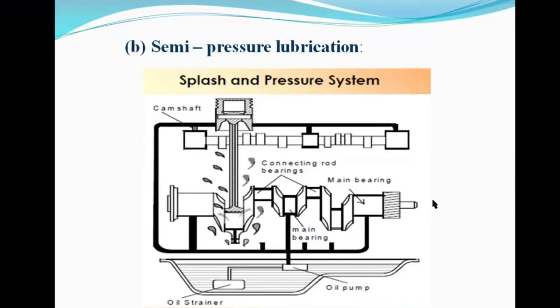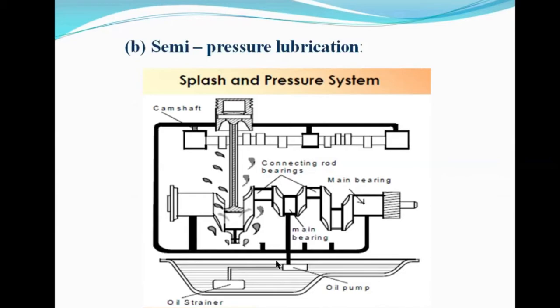As we know, the splash system is not sufficient if the bearing load is high. Splash has a limitation when the bearing load is high, so we use this system. In the semi pressure system, the main and crankshaft bearings are lubricated by oil under pressure.